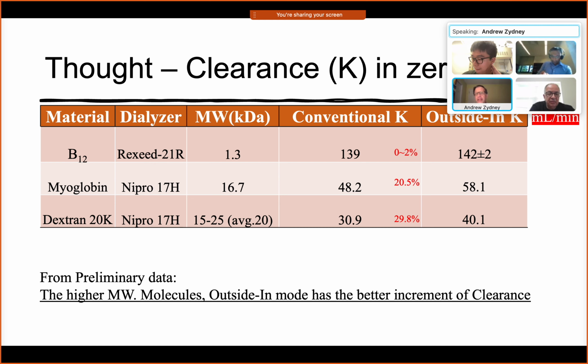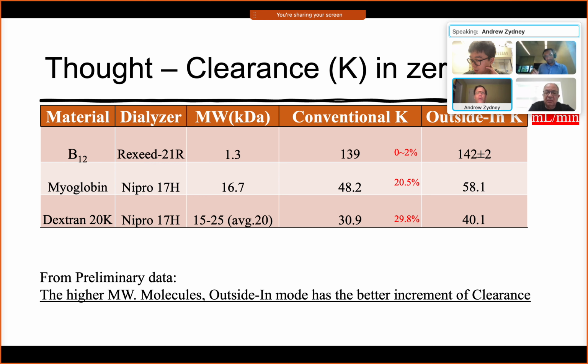When they flow in the same direction and you're at 0 net ultrafiltration, there's very little Starling recirculation flow because that occurs because the pressure gradients are in the opposite directions. Sure. If you flow co-current, that eliminates much of that effect.